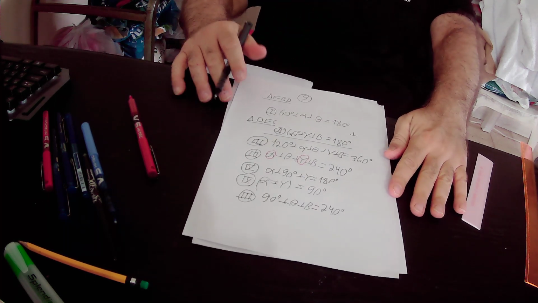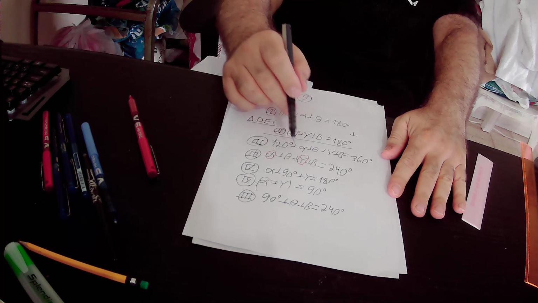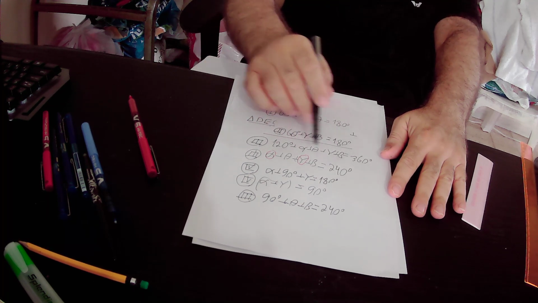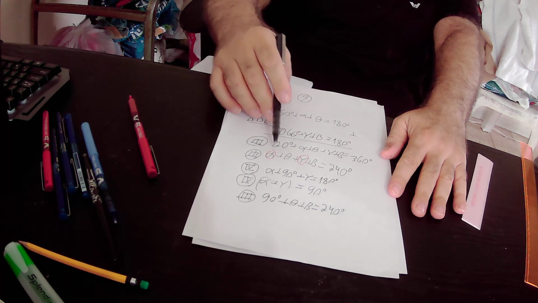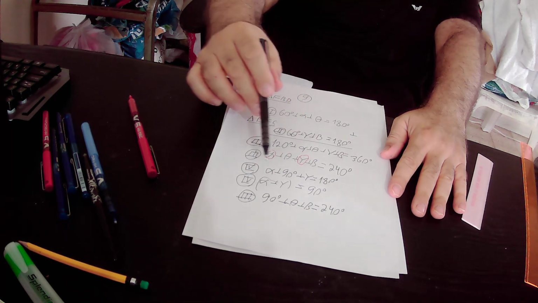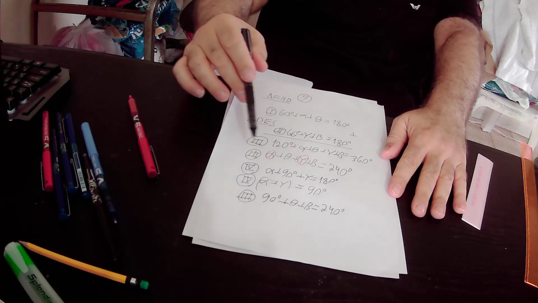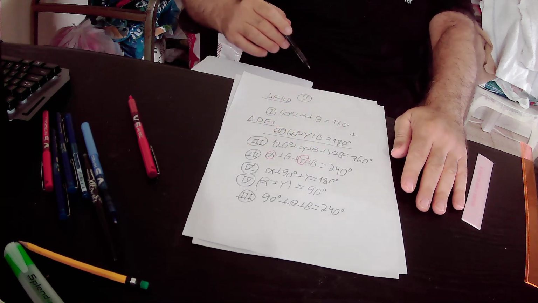Again, we substituted alpha plus gamma from equation number 3 by 90 degrees, and we got that 90 degrees plus theta plus beta equals 240 degrees.